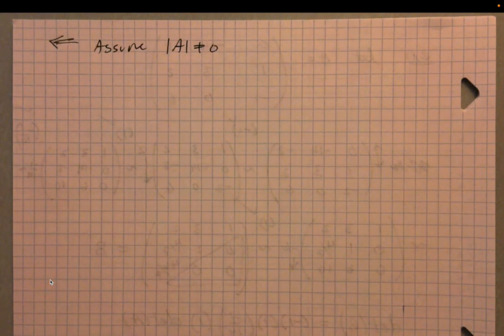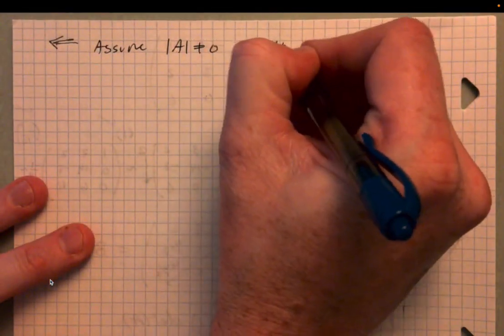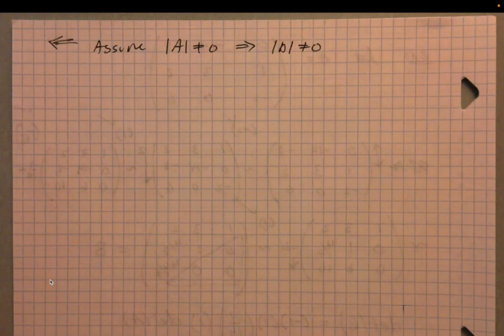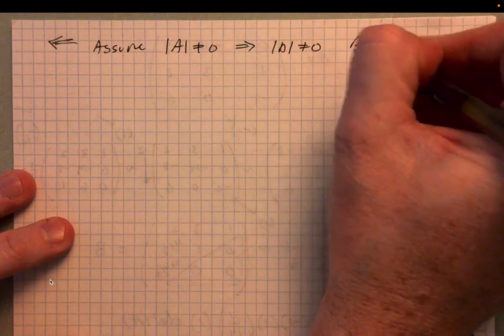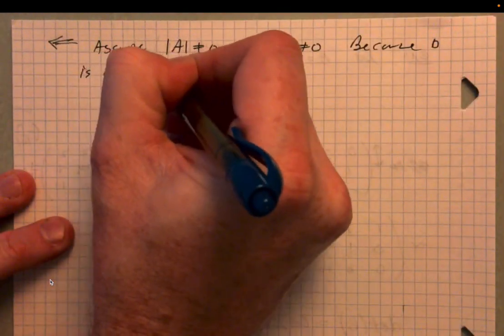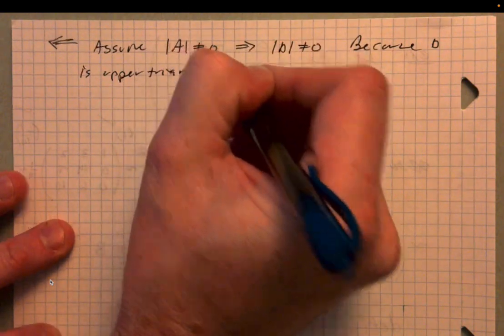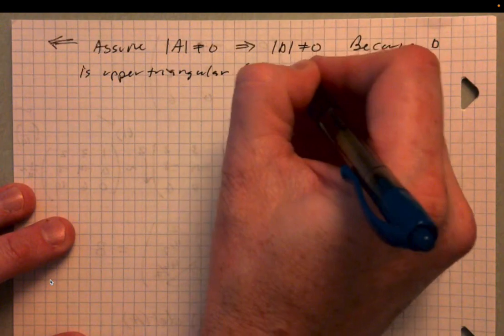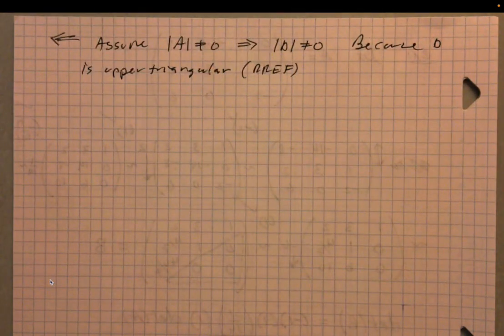So assume the determinant of A is non-zero, then the determinant of D is non-zero, by our earlier reasoning, of course. Because D is upper triangular. This is, of course, due to the reduced row echelon form. It means it's upper triangular.